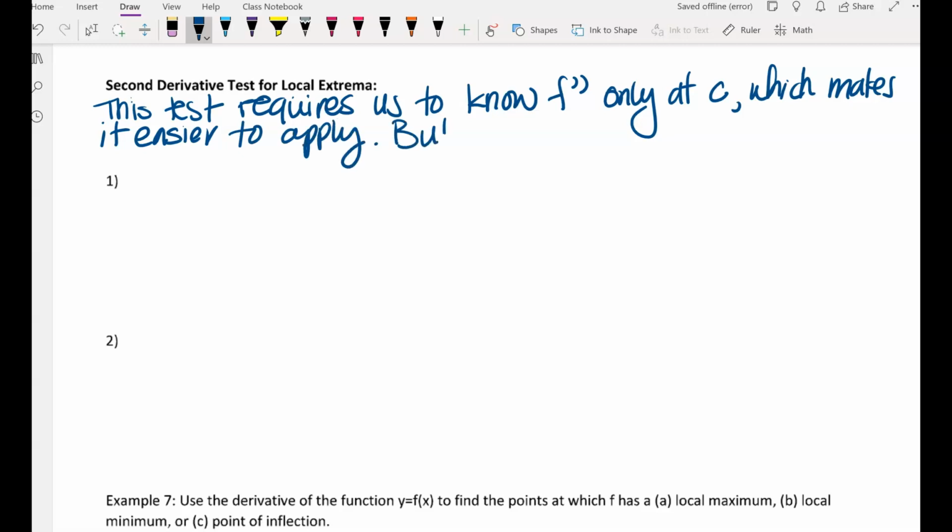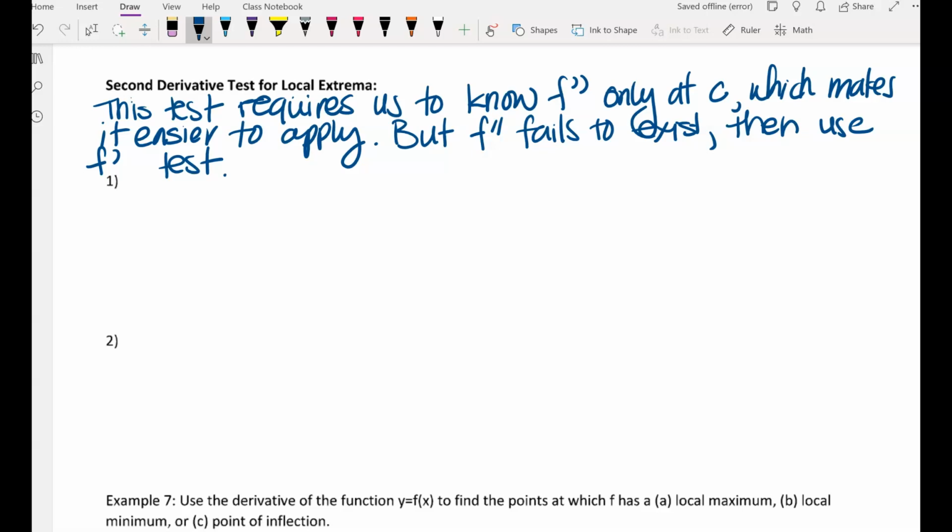But the limitation is that if f double prime fails to exist, then we have to go back and use the f prime test. So we have to go back to the first derivative test.